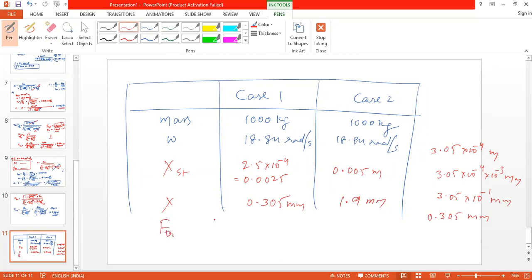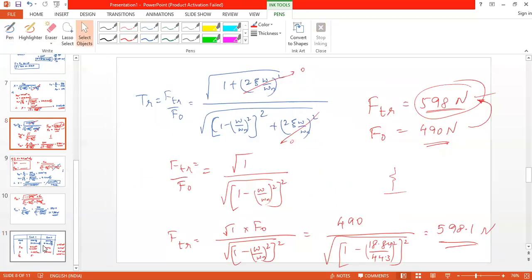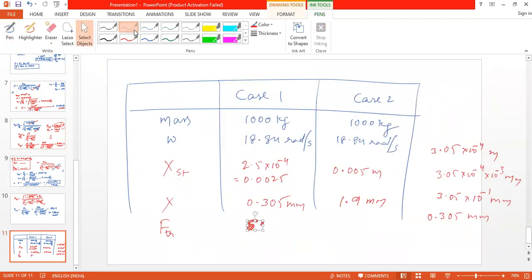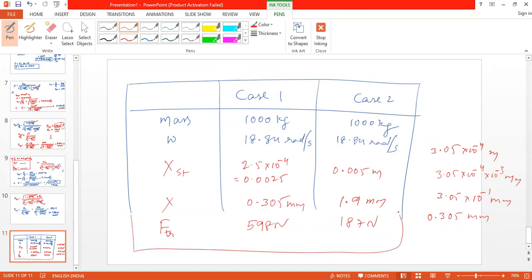And what is the force transmitted? Here it was 498 Newton, and here it was 187 Newton. So the only change between the first case and second case was the stiffness.